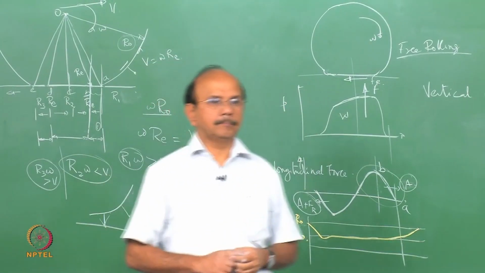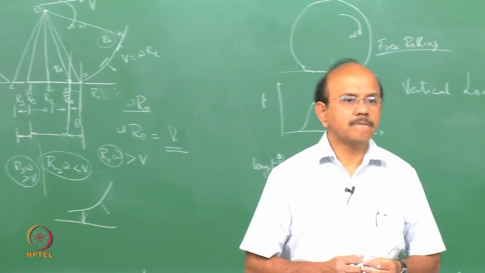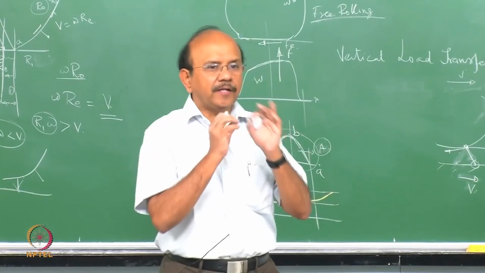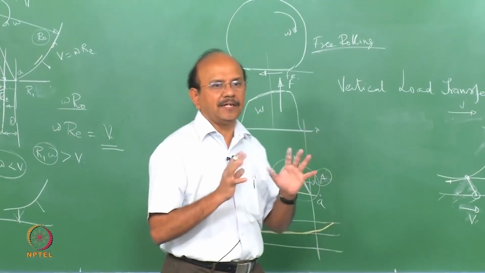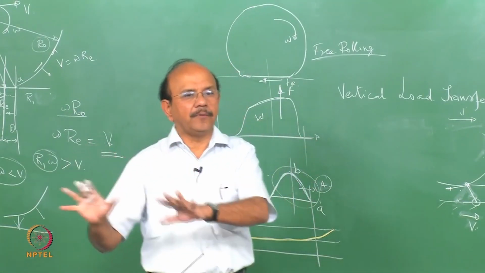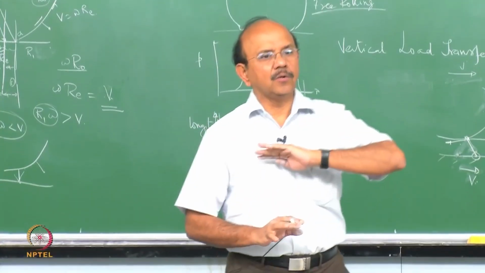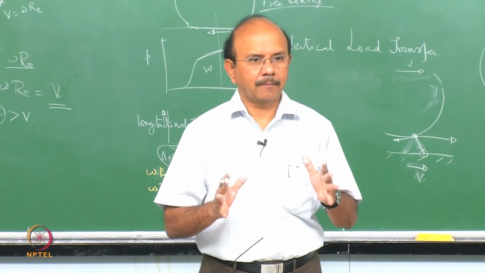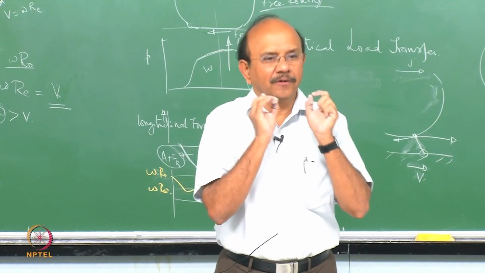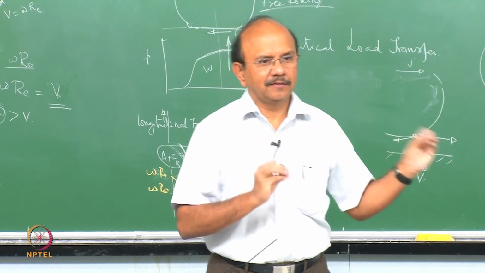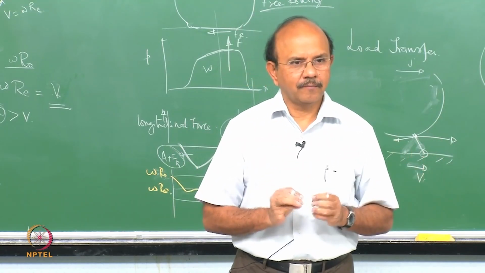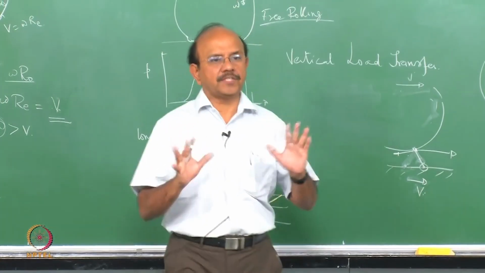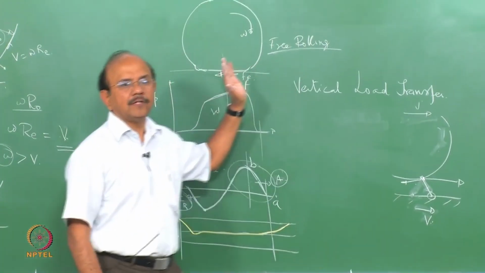By free rolling, what do we mean? The engine is not providing power. We will define it more carefully slightly later. Right now we will say that we are neither braking nor accelerating, we are going at a constant velocity. But we have to define this carefully. We will do that after some definitions. Right now understand that we are neither braking nor accelerating.